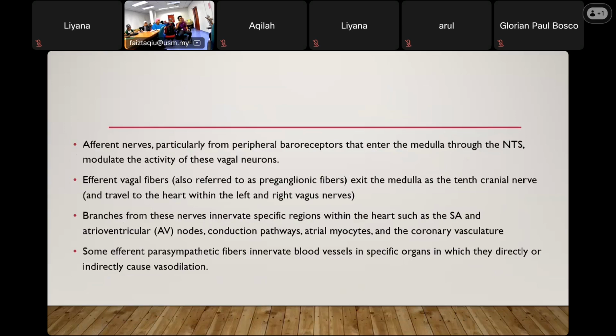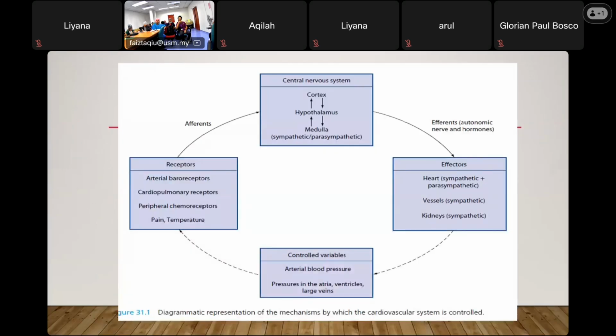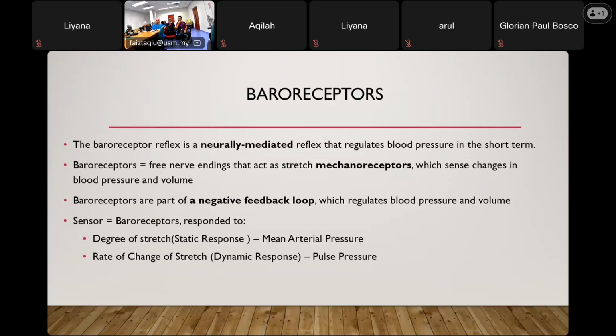Reduced stretch, arterial pressure, arterial blood pressure, pulse pressure.